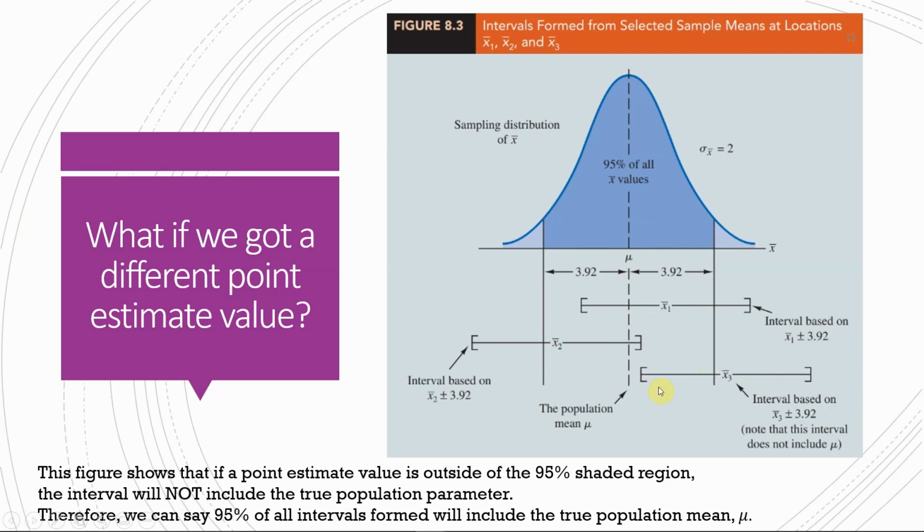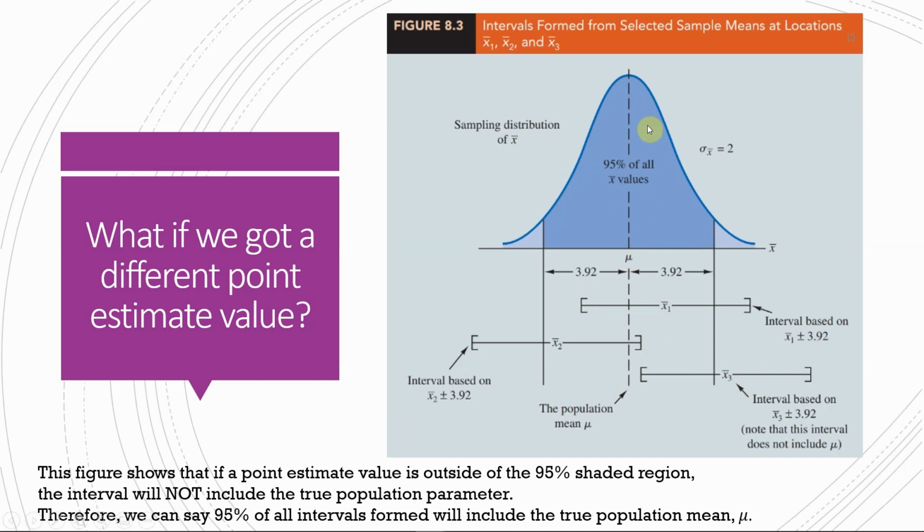But for this one, x3, notice that our interval estimate does not include the true population parameter. So remember, by chance, sometimes you're going to get a sample statistic, point estimate, and create your interval estimate that does not include the true population parameter, which is what we're actually interested in. How often?